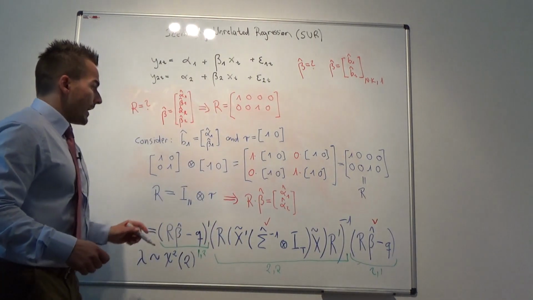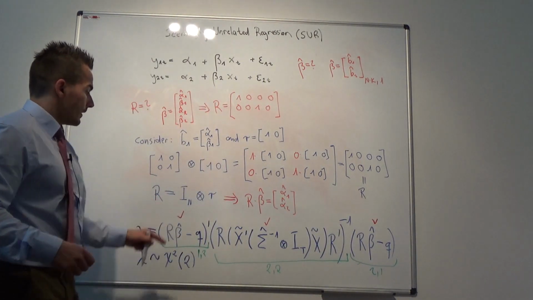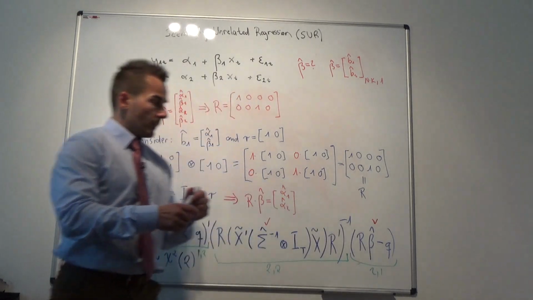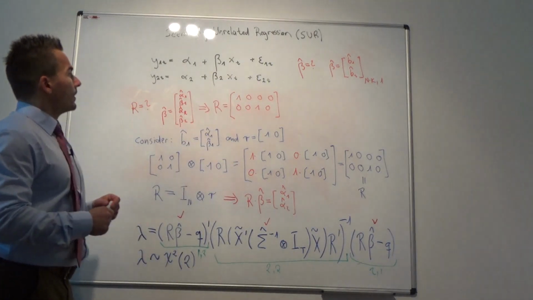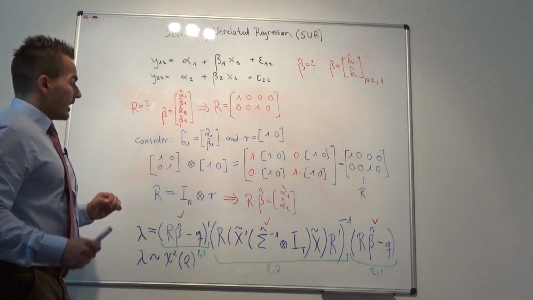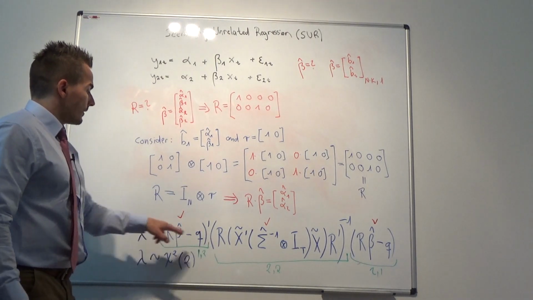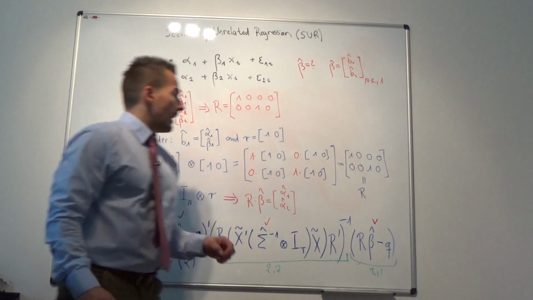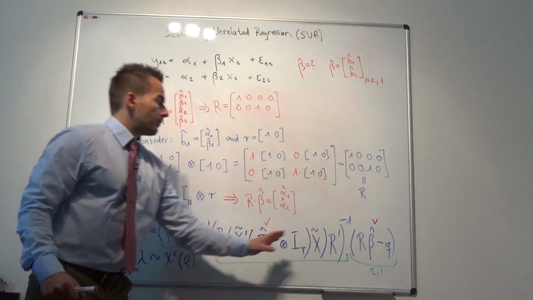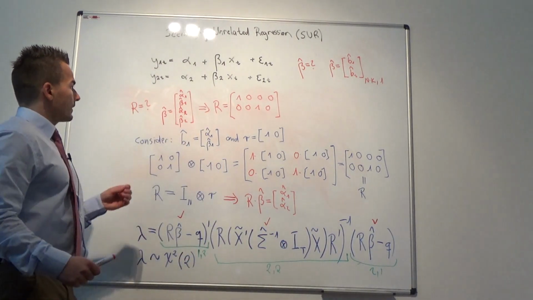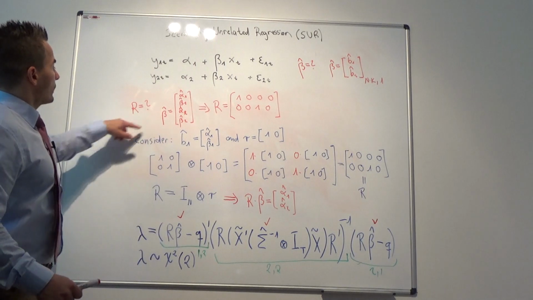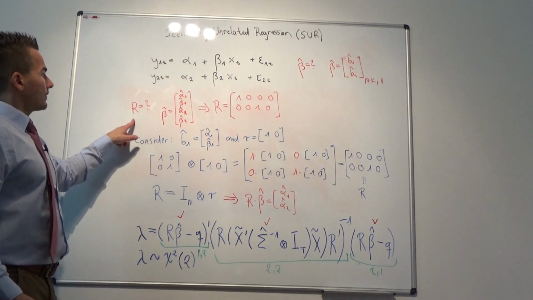Our beta hat appears obviously here and here in our test statistic. So what's next? We have also this capital R matrix that is here. We have it 4 times in the expression for the test statistic. So what's that? What's our capital R matrix?